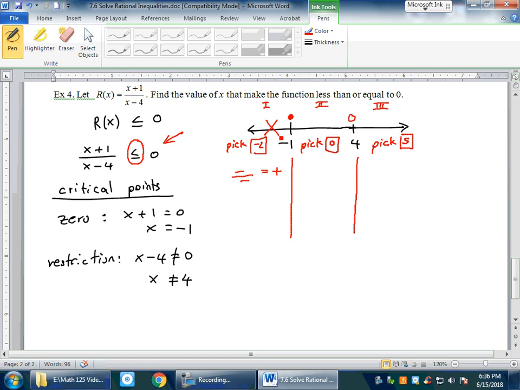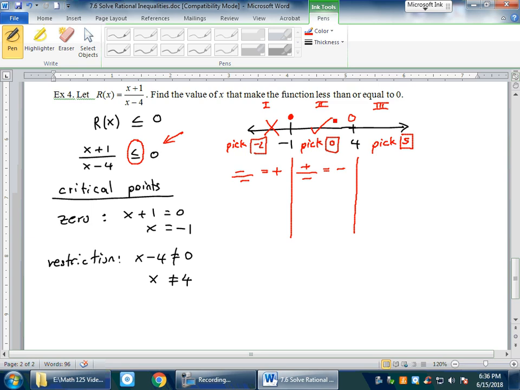When I substitute 0, the numerator is positive, the denominator is negative. So positive number divided by negative number is a negative number. And we know that a negative number is less than 0, so this interval 2 satisfies the inequality.